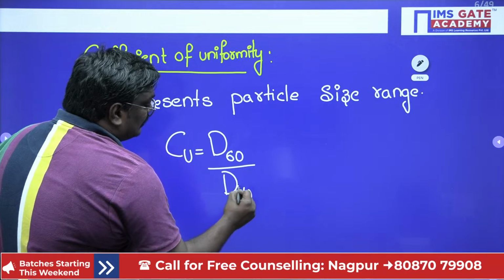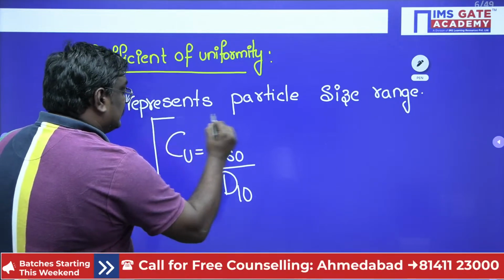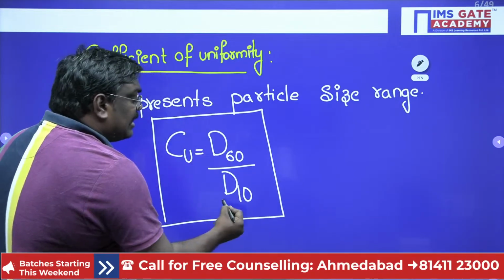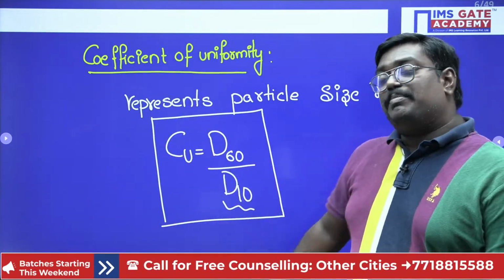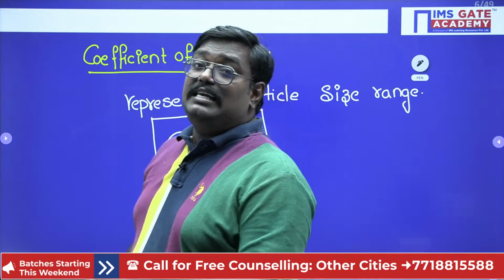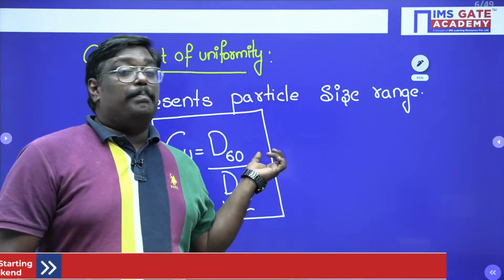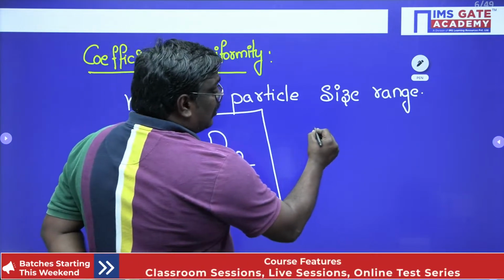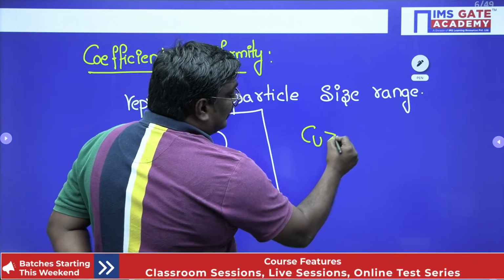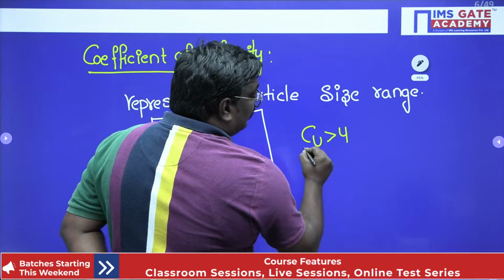Okay, Cu is represented by what? D60 upon D10, where D10 represents the effective size. As I told you, D60 represents the size of the sieve where 60% is passing.